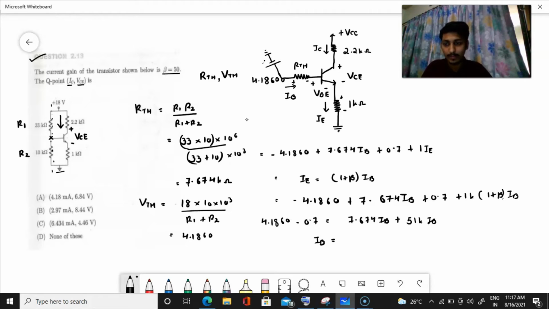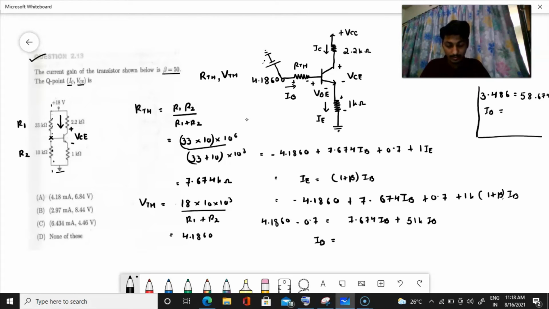Rough calculation will be taken here. 4.1860 minus 0.7 is 3.486, which equals 7.674 IB plus 51 IB, that is 58.674 IB.